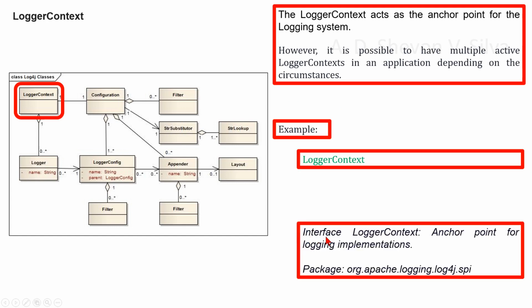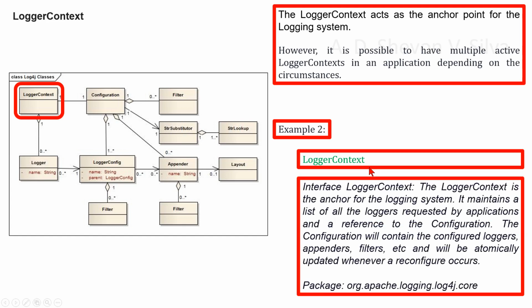As an example, we can consider the interface LoggerContext, the anchor point for the logging implementation. This is in package org.apache.logging.log4j.spi. As an example too, we can consider interface LoggerContext.